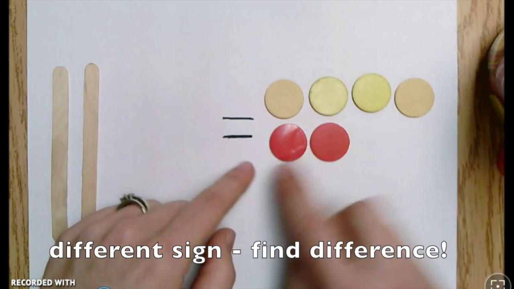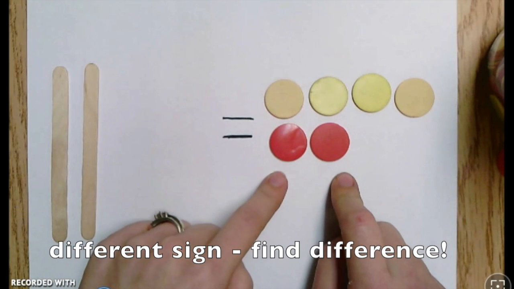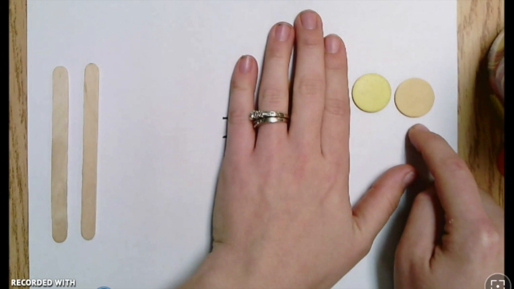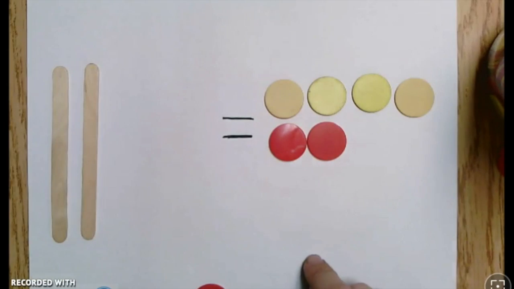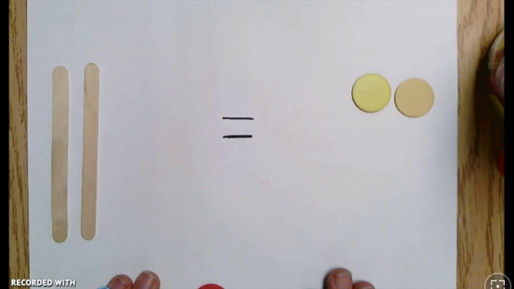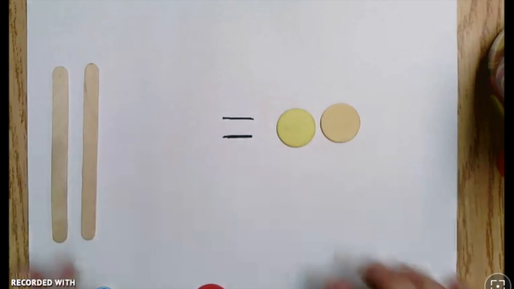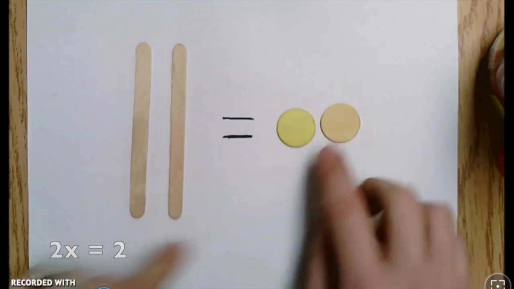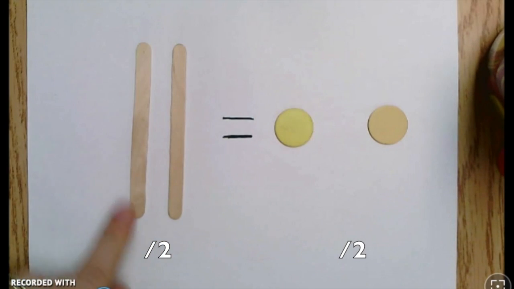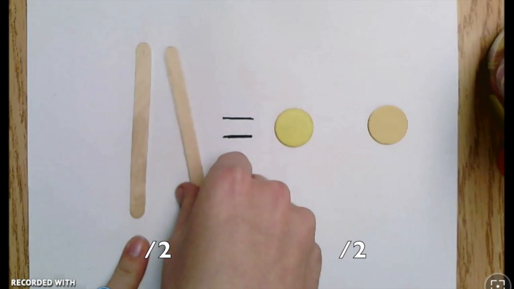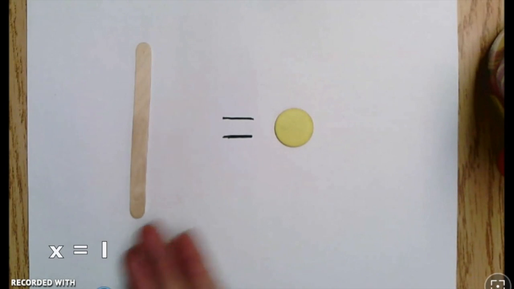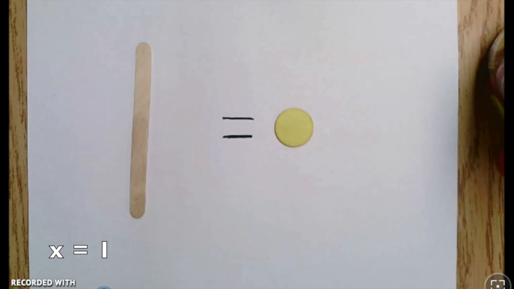So 4 minus 2 of their absolute values says that there's going to be 2 left over, and they'll keep the sign of the bigger number. So those cancel out, and we have +2. Now I need to break these into how many groups? 1, 2 equal groups. Well, that was easy enough. I only want one group left, so I'm going to take away this group and this group. And so I have x equals +1.